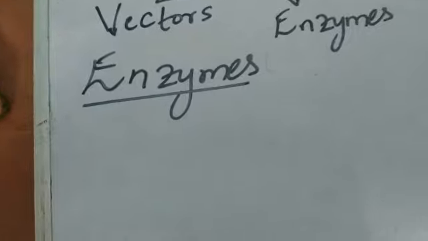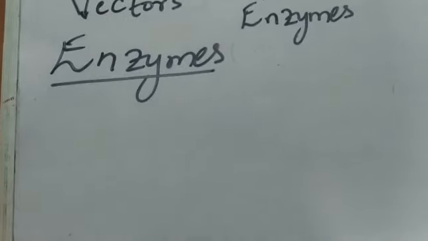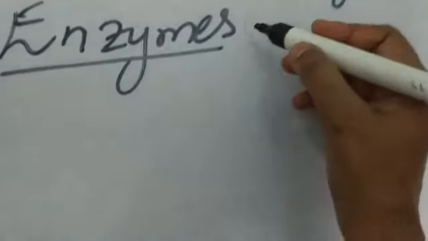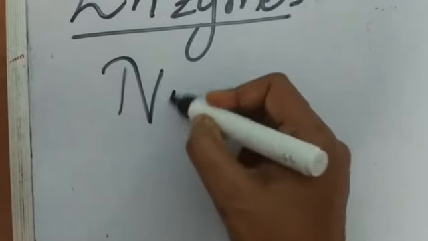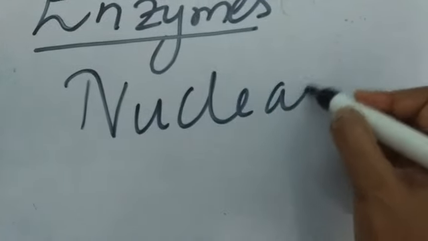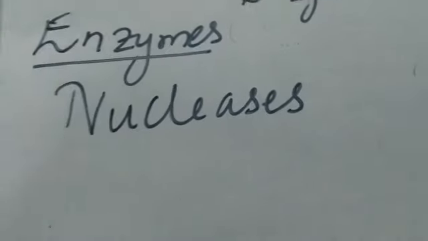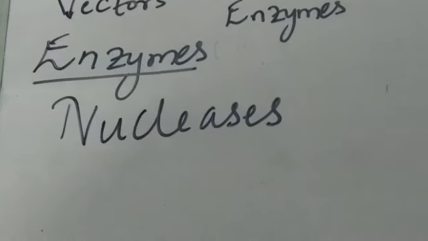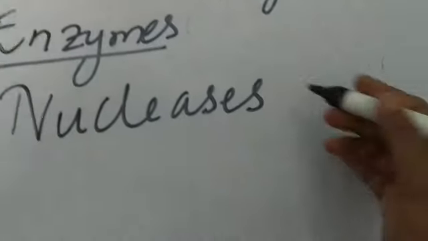Let us start with one of the most important groups of enzymes, which are called nucleases. We are going to start the topic of enzymes with nucleases. So what are nucleases?